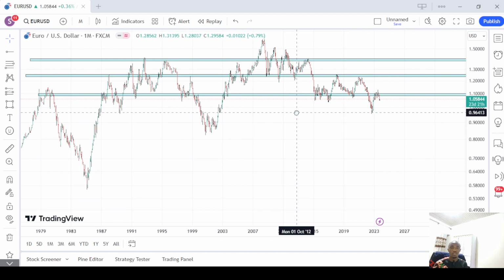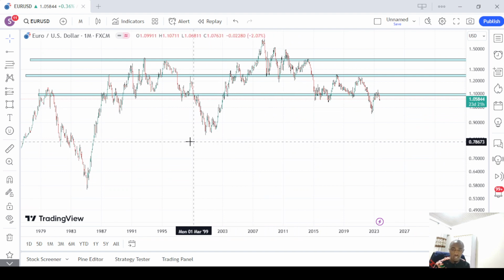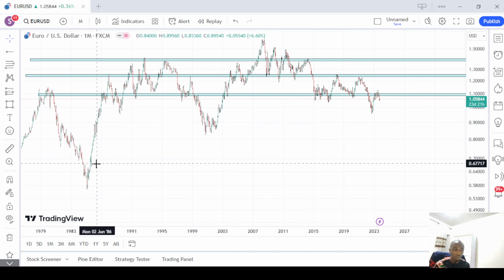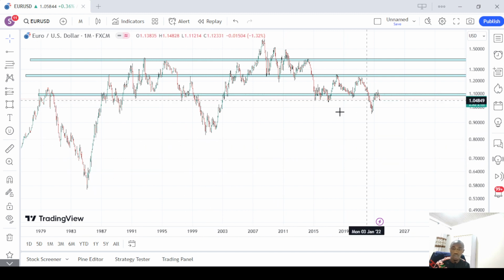Then I think we are done on the monthly time frame. For now, we are done on the monthly time frame.